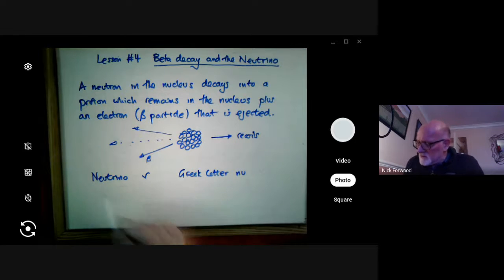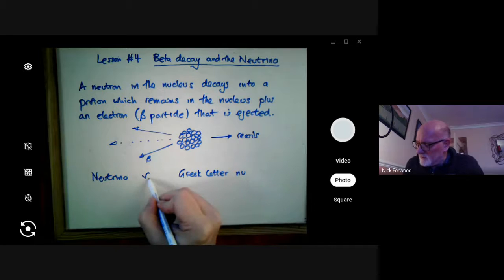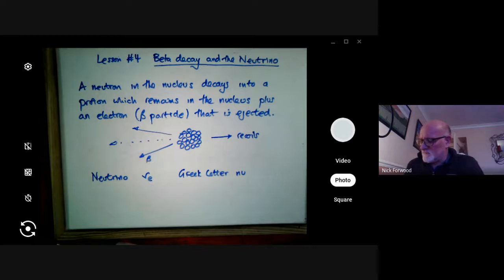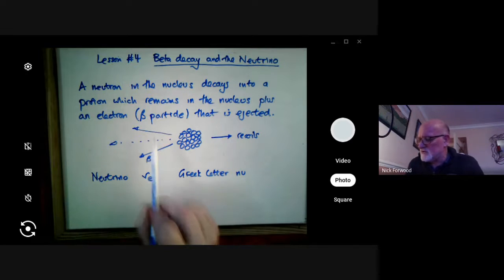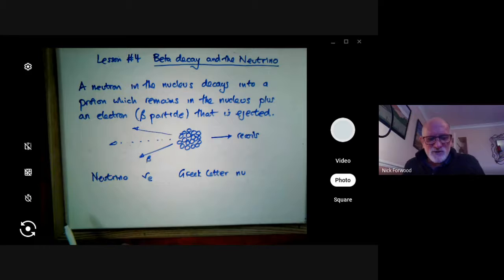It's also got a little E here, which tells you it's an electron neutrino, because it's a neutrino that is produced at the same time as this beta particle. Remember, a beta particle is an electron.